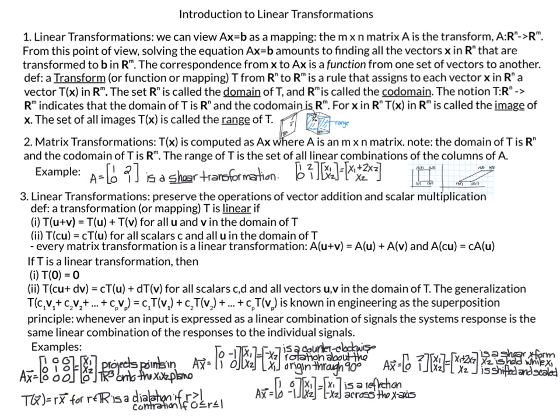Whenever we have an input expressed as a linear combination of signals, the vectors v1 through vp, then the response, what comes out of T, is the same linear combination of the responses to the individual signals. In other words, we could just take T of each individual signal, multiply by the scalars, and then add them all up.